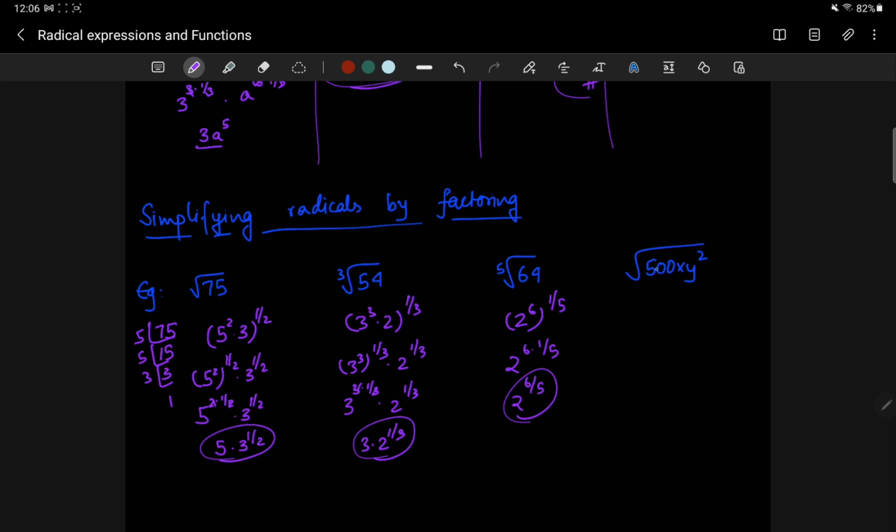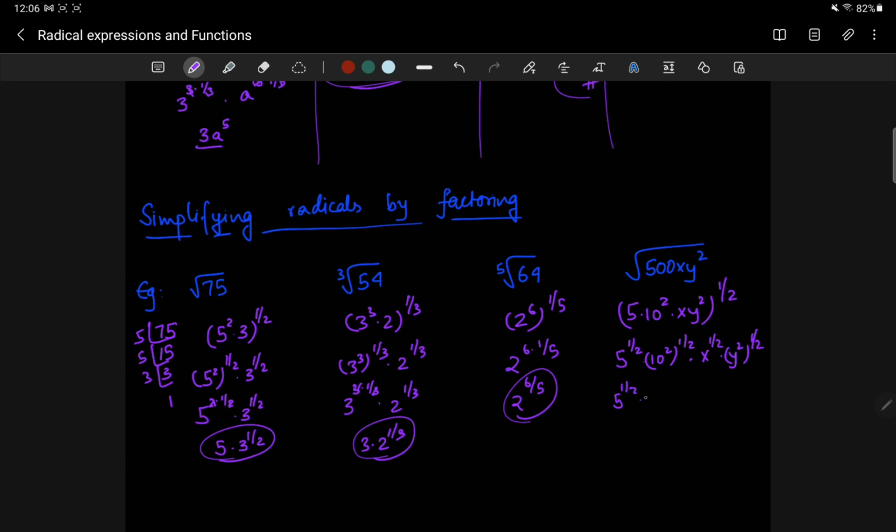500, that's 5 times 100. So it's 5 times 10 squared times x y squared, all to the 1 half. And in this case, there's more than 2 terms, but it's the same property. So you can distribute it to each of them. 5 to the 1 half, 10 squared to the 1 half, x to the 1 half, and y squared to the 1 half.